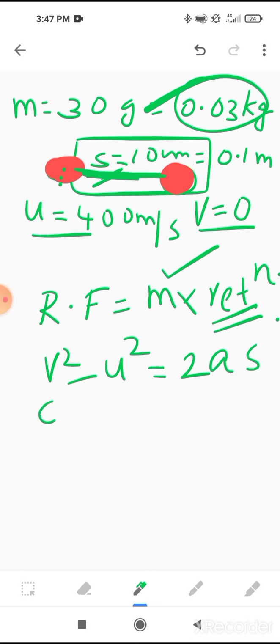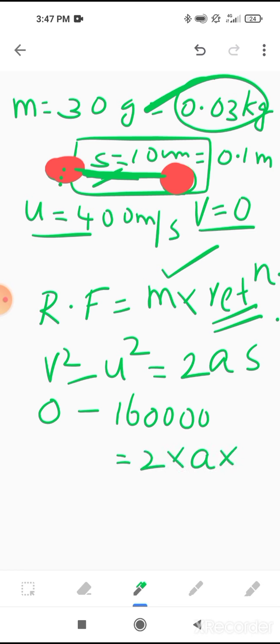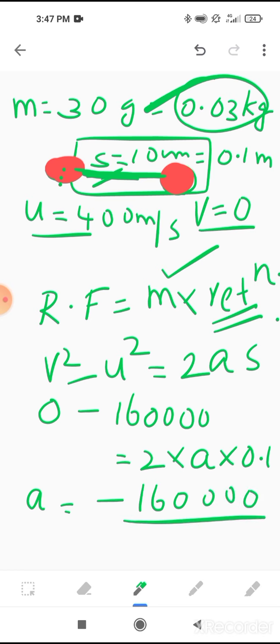V square is 0, minus U square means 400 square. That is 1,60,000 equal to 2 into A unknown, S is 0.1. So you will get acceleration as minus 1,60,000 upon 0.2.